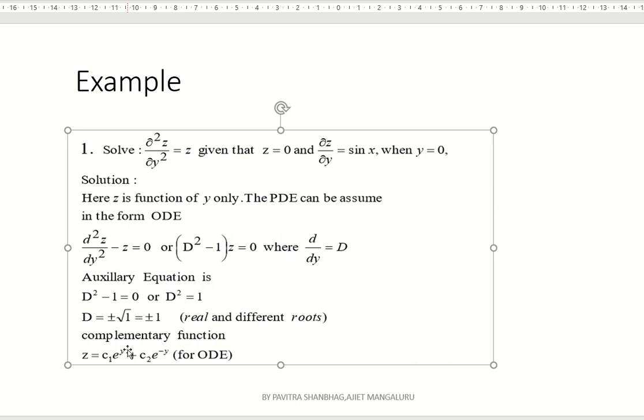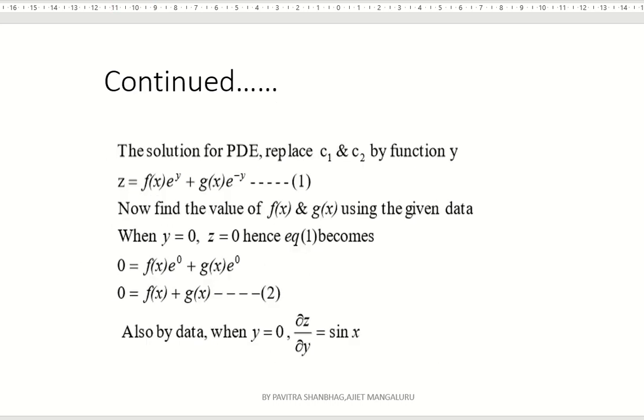Once again I will repeat. We have converted the PDE in terms of ODE and found the solution for the ODE. Now we need to find the solution for the PDE by just replacing c1 and c2 in terms of functions of the other variable. That is, z equal to f of x e power y plus g of x e power minus y.